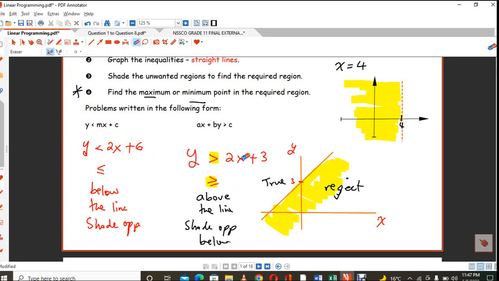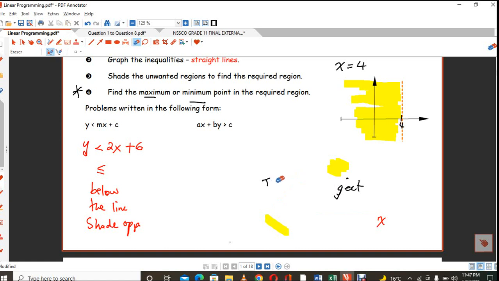Then another thing worth mentioning, and I'm going to talk briefly about this, because I know that sometimes your books say you are supposed to make y the subject of the formula. I'm particularly talking about if you have, say, 6x plus 4y, let's say it's greater than 5.